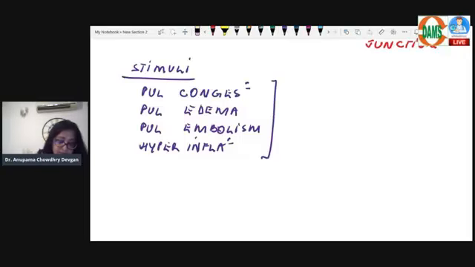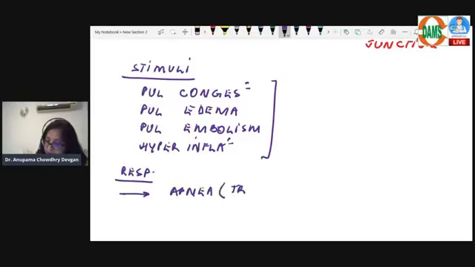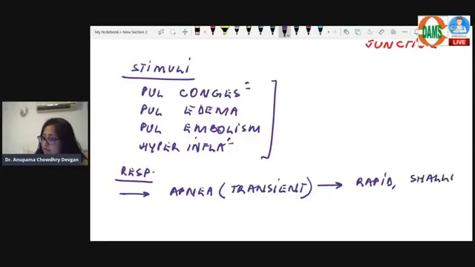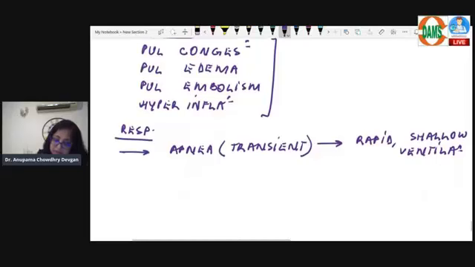What are the responses? There is an apnea, which is transient, followed by rapid shallow ventilation.